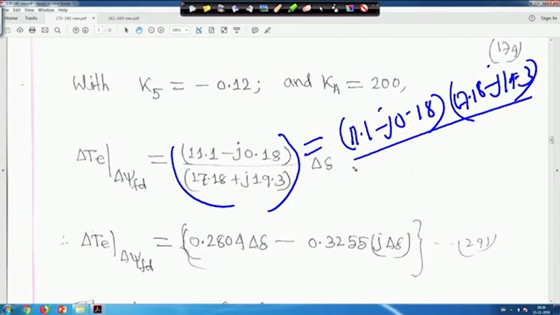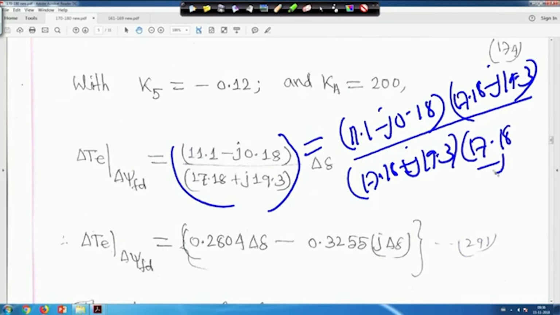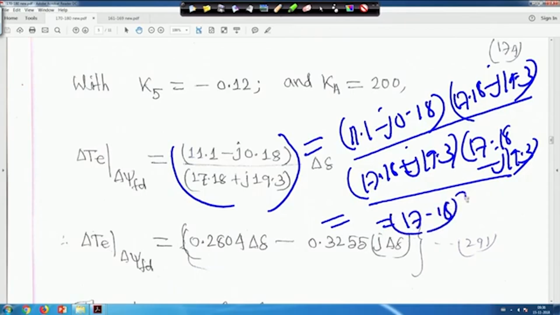The denominator then will be 17.18 square plus 19.3 square, right. So then you simplify.